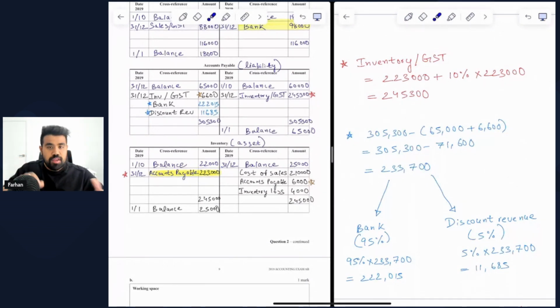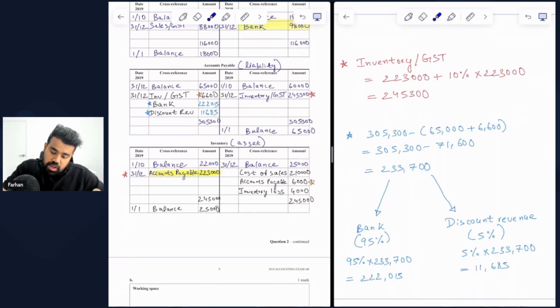And we also understand that within the inventory account, we're not going to include the GST, but within the accounts payable account, we have to include it, which reflects the total amount that we owe our suppliers, including GST.